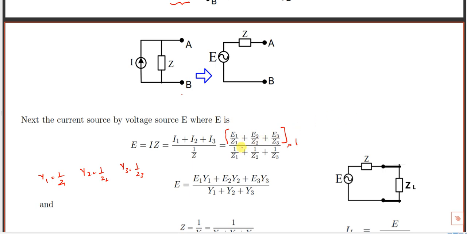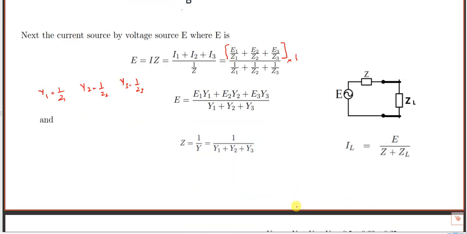Z means impedance, Y means admittance. In terms of resistance, E1 by R1 plus E2 by R2 plus E3 by R3 divided by 1 by R1 plus 1 by R2 plus 1 by R3. Or you can write E1 G1 plus E2 G2 plus E3 G3 divided by G1 plus G2 plus G3 if it is a resistance. So this is how to calculate.